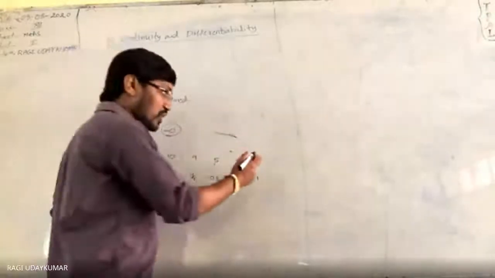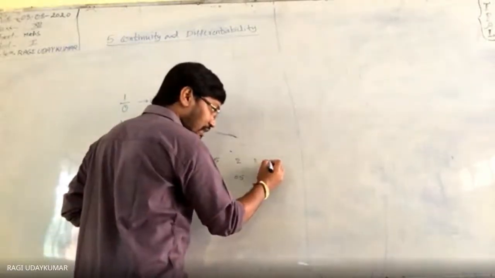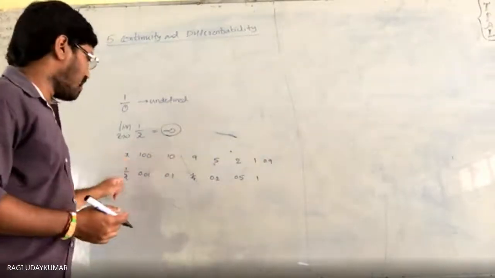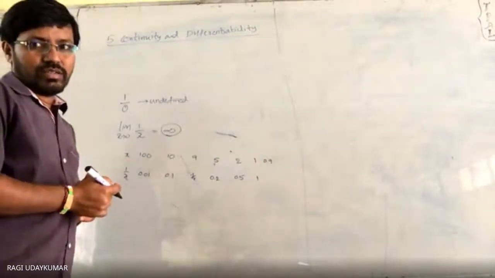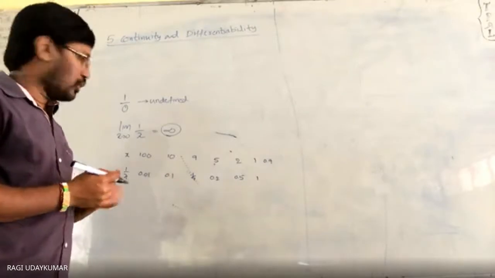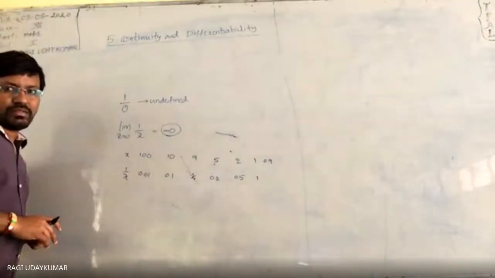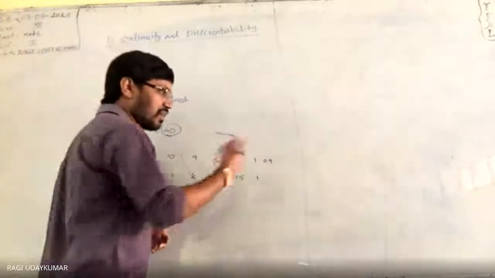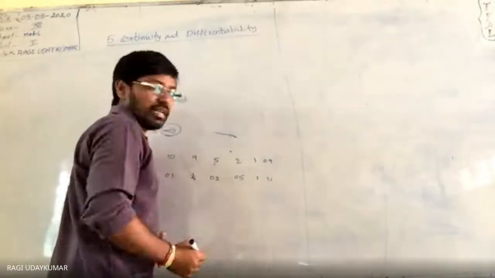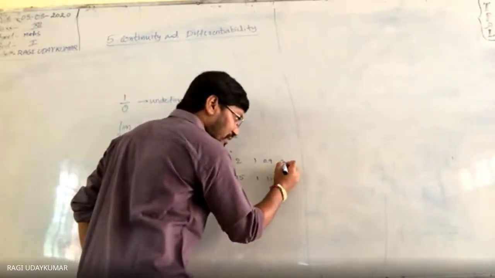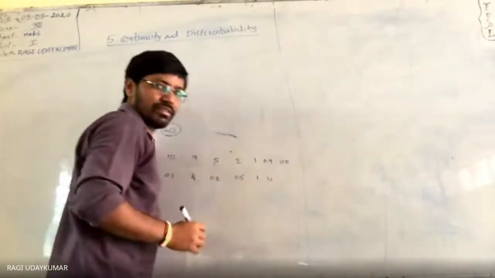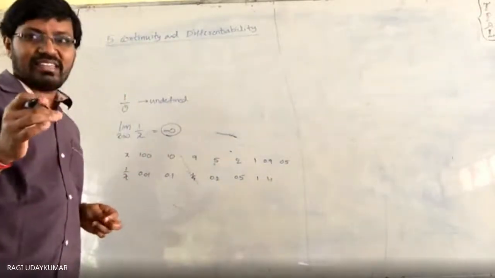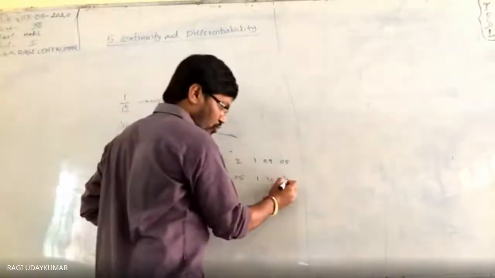If x value is taken 0.9, 1 by 0.9 is 10 by 9, which is 1 point something. If x value is taken 0.5, 1 by 0.5 is 2.